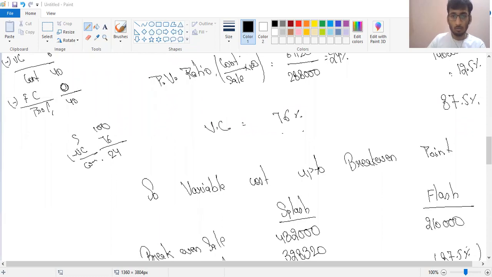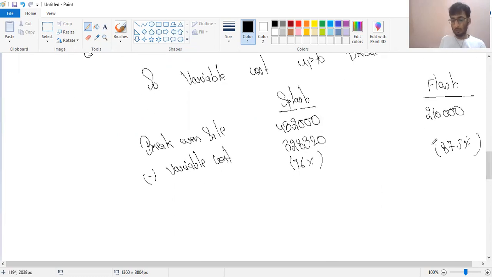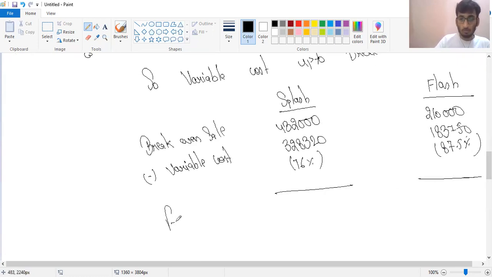And the second one is 87.5% of 2,10,000. It is 1,83,750. Now, what is the fixed cost? $103,680 and 26,250.